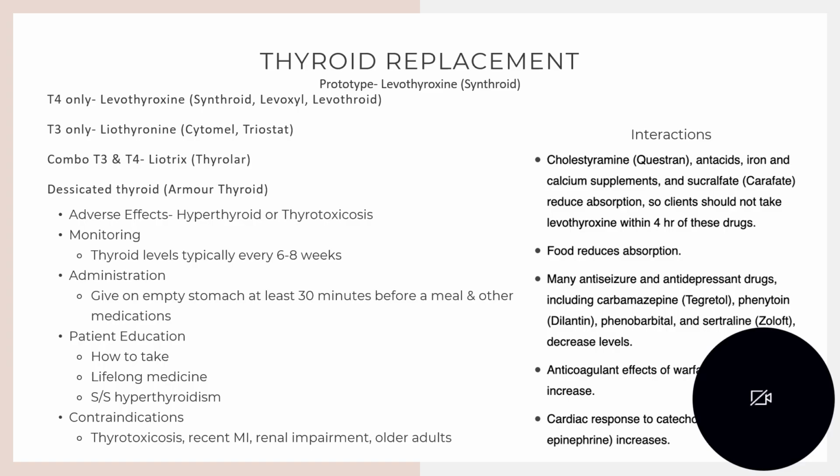Whereas what's more abundant in our bodies all the time is T4. Usually those levels are higher than T3. When you replace with levothyroxine, the T4 mimicker, then that is going to function more similarly to how it does in our body, where it's going to take a little longer for that to convert to T3 for it to do its job.